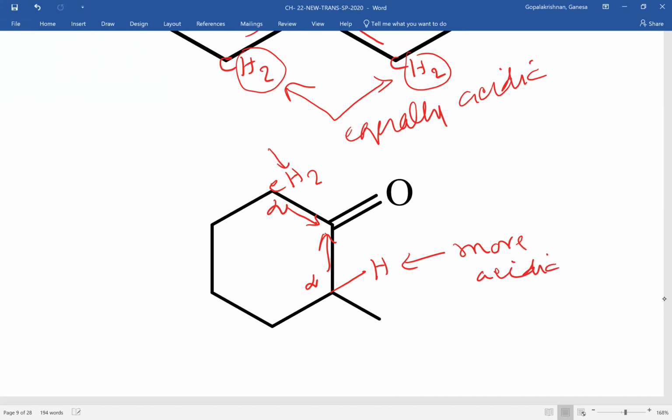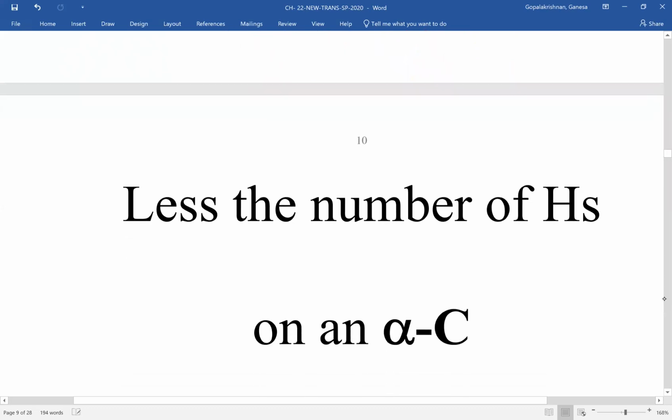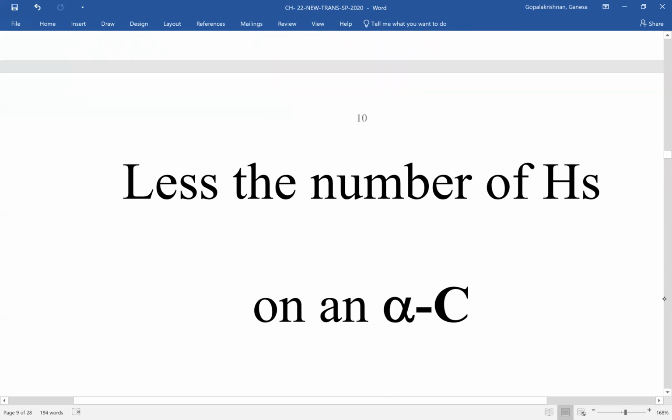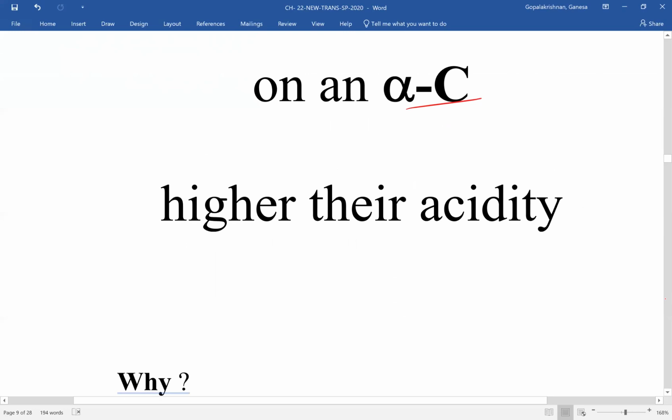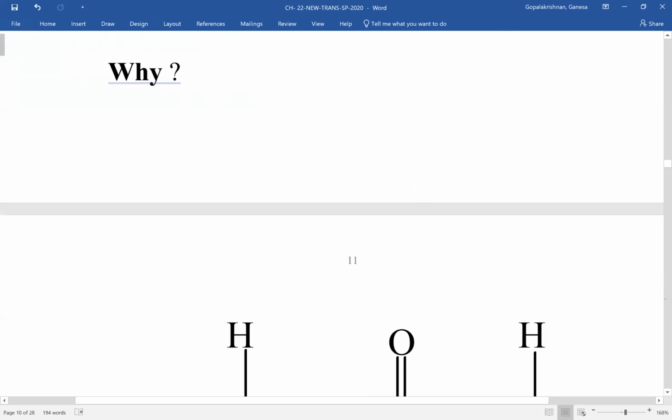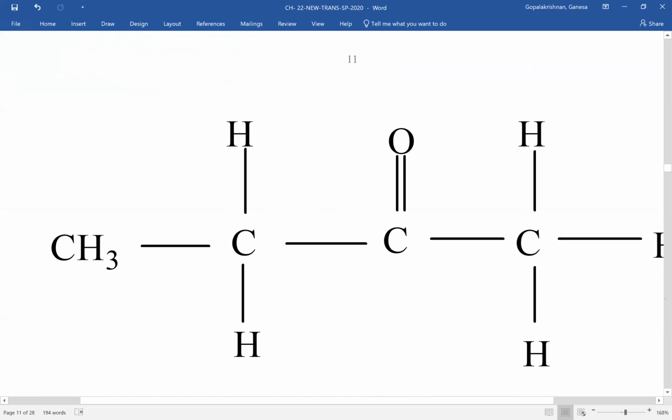This will be the less acidic of the two. So the fewer the hydrogens on the alpha carbon, the higher their acidity. Why? I explained in the earlier slide.